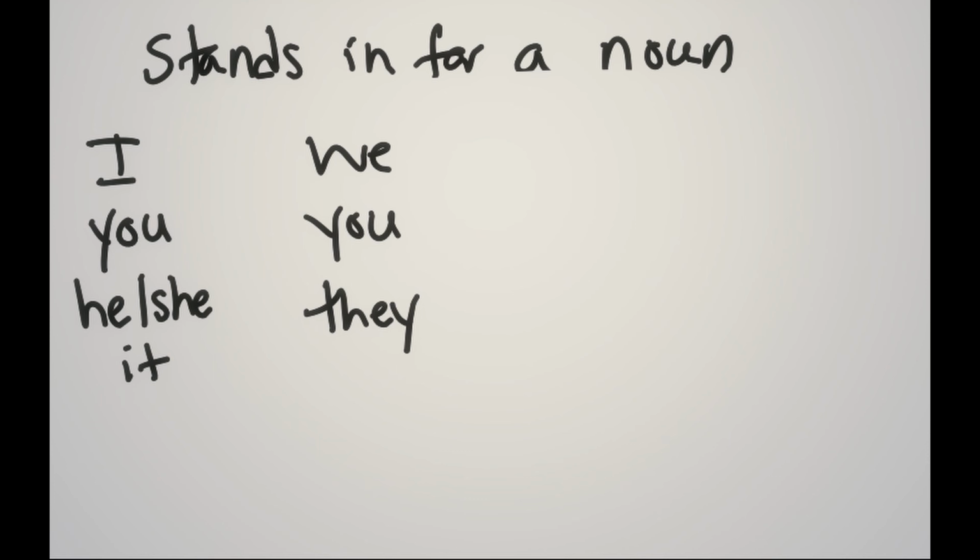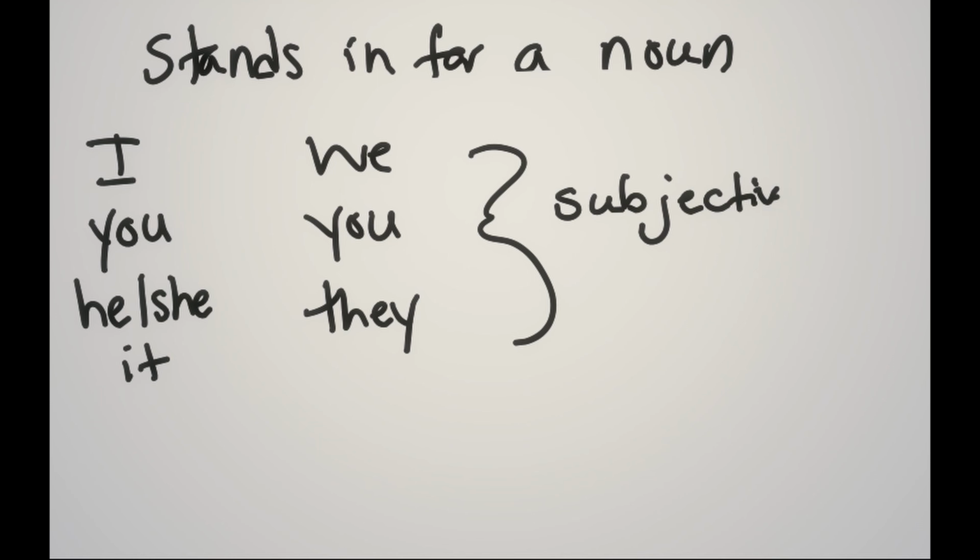Now, to introduce another new word to you, these are called subjective pronouns. Is this crucial for you to know? Probably not, but it is helpful. They're called subjective pronouns. Why? Because they are the subject of the sentences they appear in.